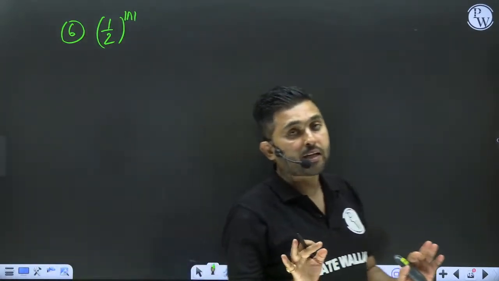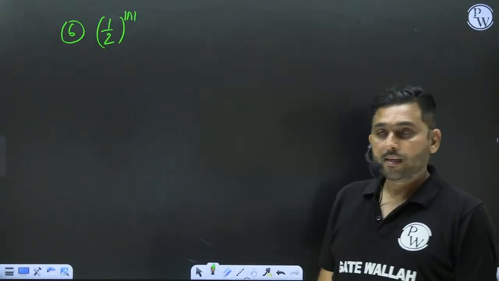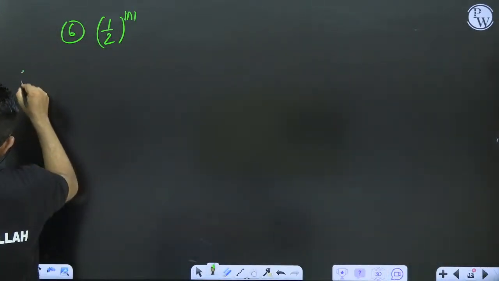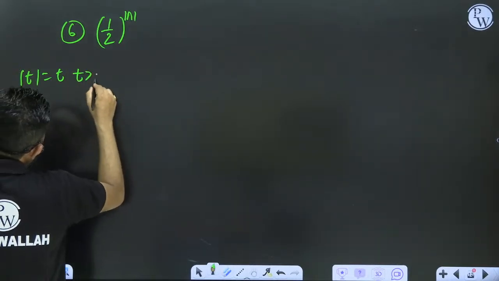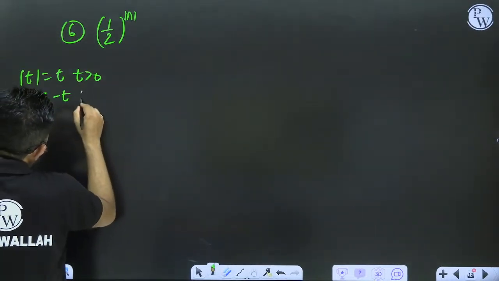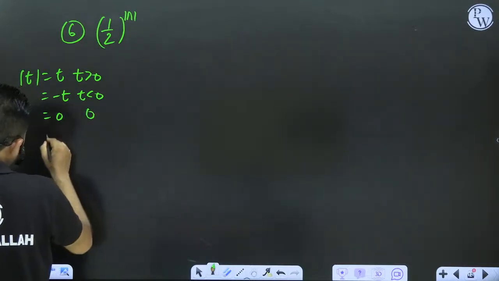Now the definition of mod n itself has a unique meaning behind it. When I talk about mod t, then mod t is t for t greater than 0, it is minus t for t less than 0, and it is 0 at 0. This is that kind of function.